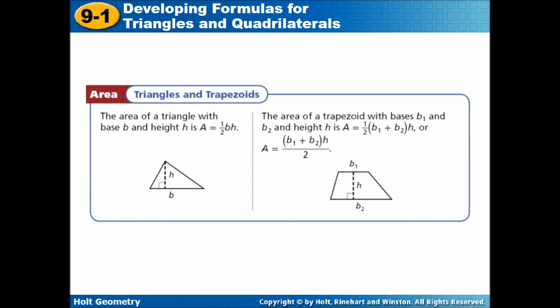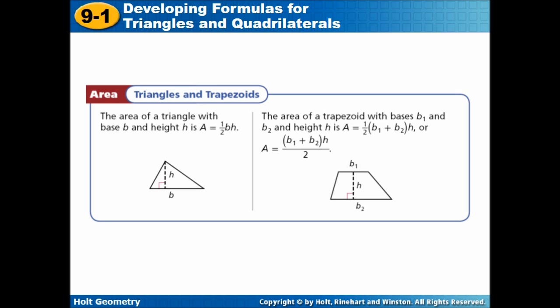Now we're going to move on to triangles and trapezoids. To find the area of a triangle, you will use the formula area equals 1/2 base times the height. And for a trapezoid, it has 2 bases, if you will. You'll notice there's a short top and a longer bottom to a trapezoid.